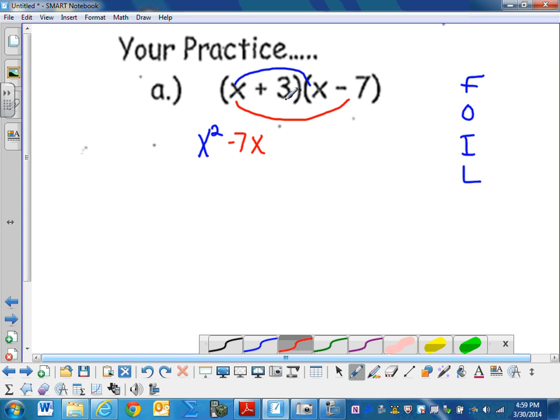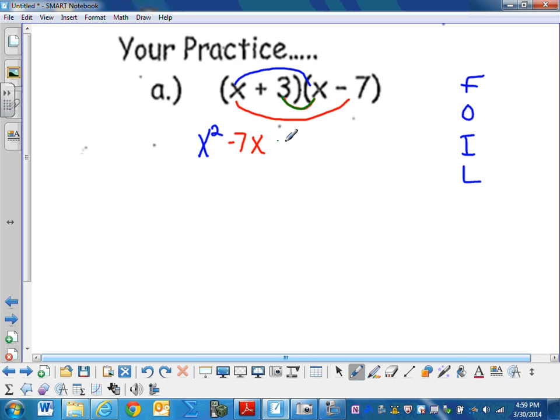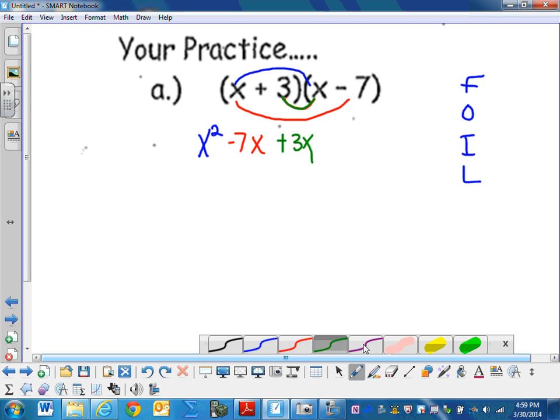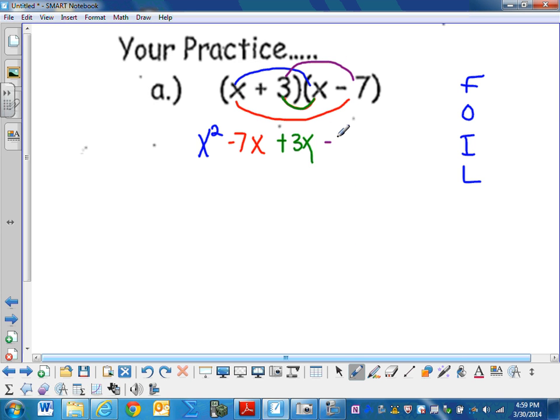The inner terms are 3 and x. So that's a plus 3x. And the last terms are 3 and a negative 7, which is a minus 21. We can rewrite this as x squared minus 4x minus 21.